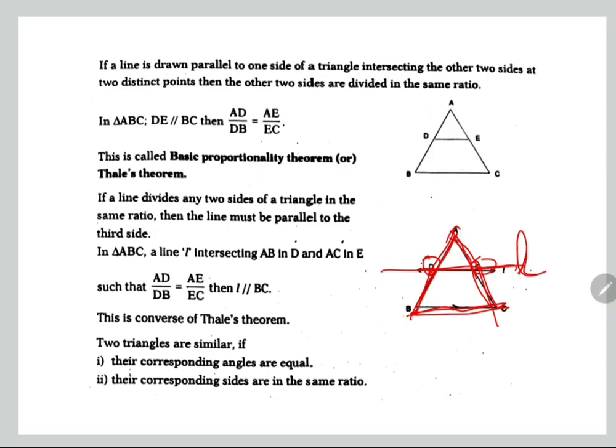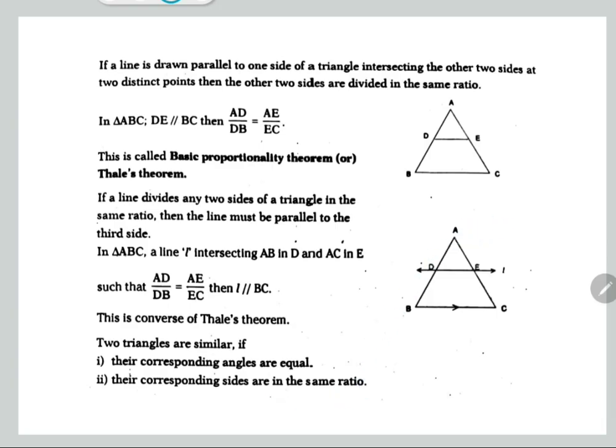That means, for example, ADE is a triangle and ABC is another triangle. The corresponding angles D and B are equal, and again E and C are also equal. Their corresponding sides are in the same ratio.